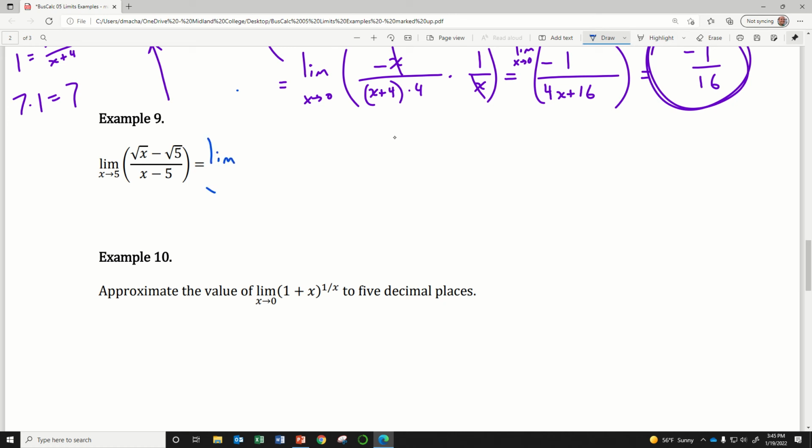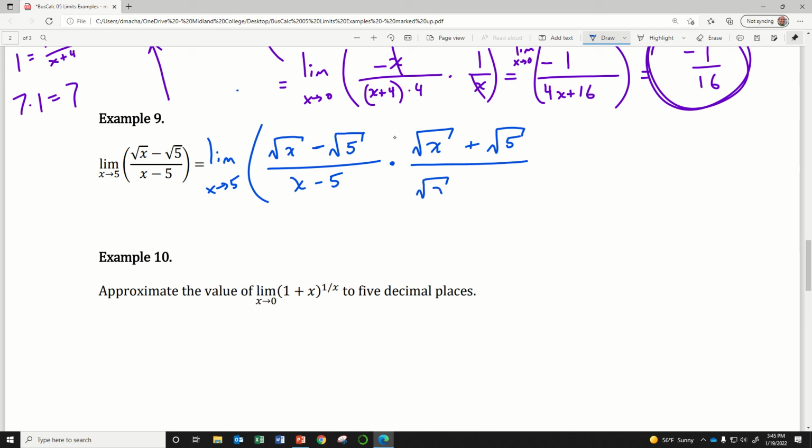But what I'm going to do is this. For the numerator, since I have root x minus root 5, and the denominator being x minus 5, I'm going to multiply by 1 again. And this time 1, for me, means root x plus root 5 divided by root x plus root 5.